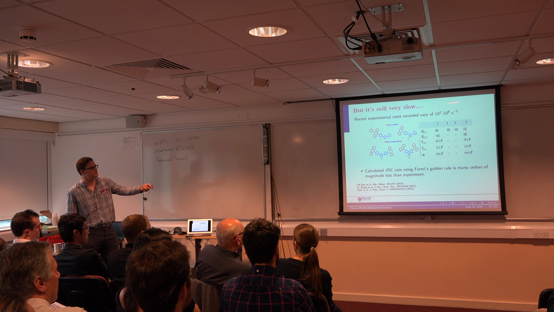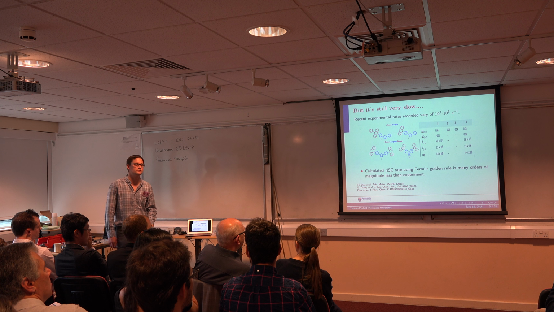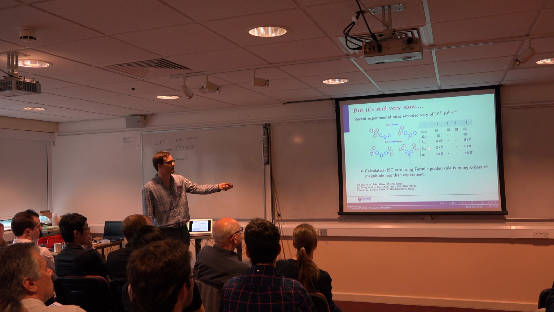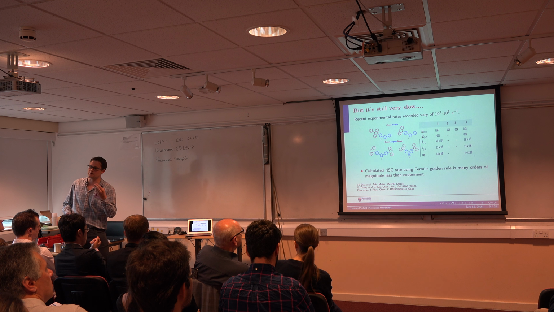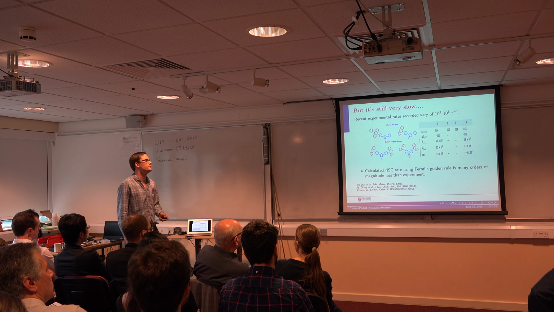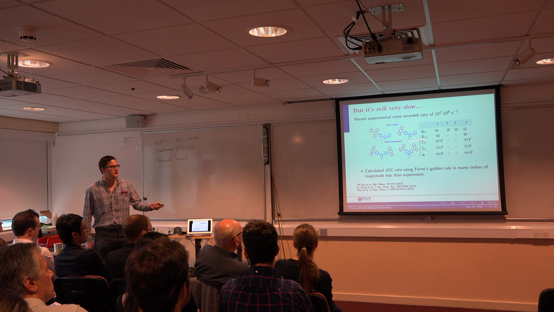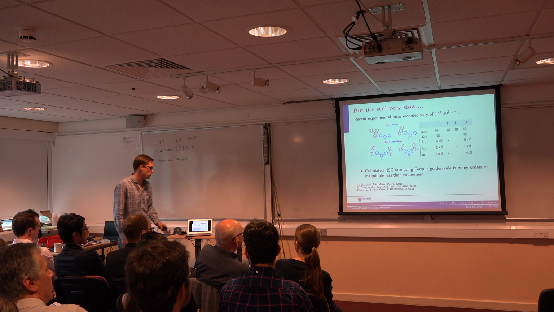This compares to the rates in the literature that vary by 6 orders of magnitude. So these agree very nicely with the lower range, but clearly you've got some very efficient, relatively quick reverse intersystem crossing rates, which theory in this case is missing by about 6 orders of magnitude.